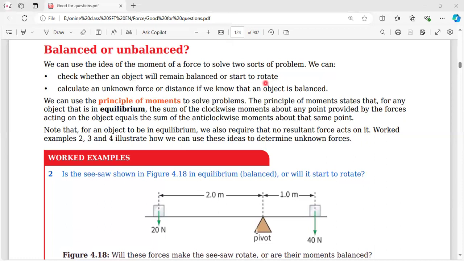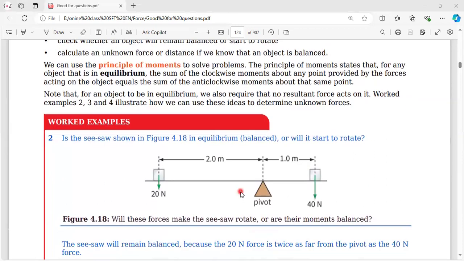In that case, you can see in this example, on top of the pivot point, there's a rigid line, and it is actually balanced. There are two different weights at different distances from the pivot point, and we can check whether this system is stable.